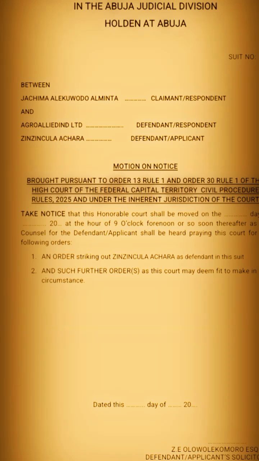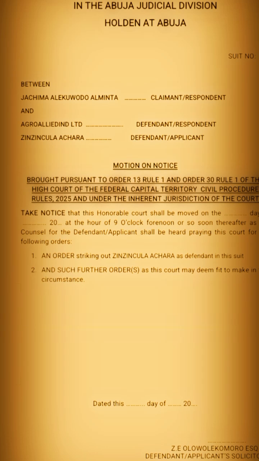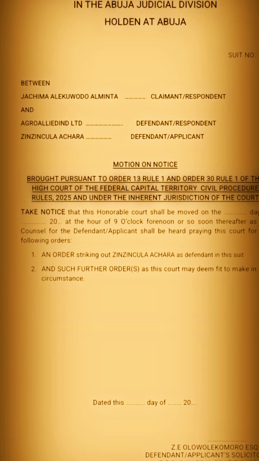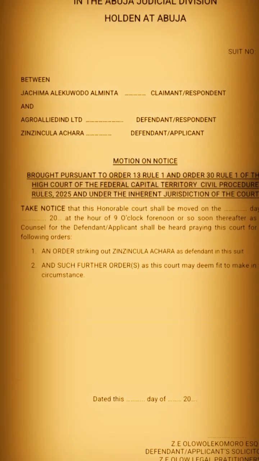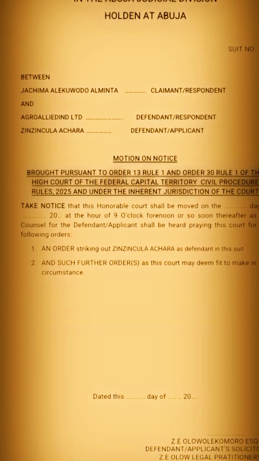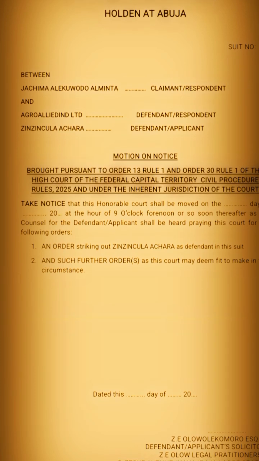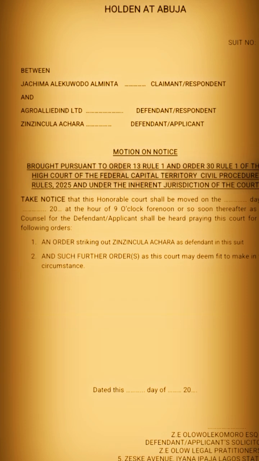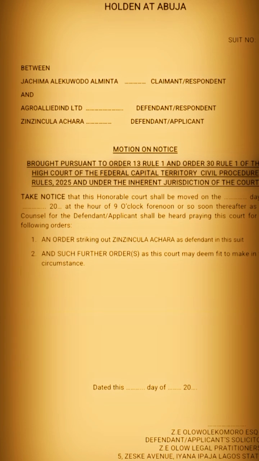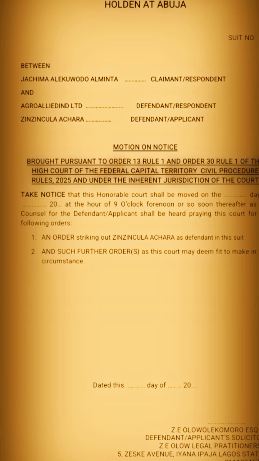So I want us to distinguish between motion for joinder and misjoinder. Now, one of the things that distinguishes a motion for joinder and misjoinder is the parties. If you realize, for joinder, you will see that we have two "and"s. The reason why we had two "and"s for joinder is because we were adding another party that was not a part of the substantive suit.